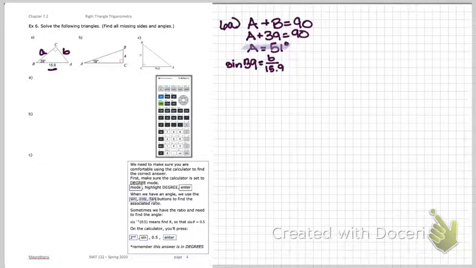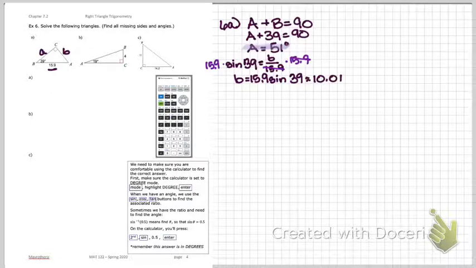I am going to multiply both sides by 15.9, so I eliminate it down here. In the future, I won't show every single step, but I want to make sure we're not missing anything right now. And I'm going to flip sides here. That means that b is 15.9 times the sine of 39, which is approximately 10.01.